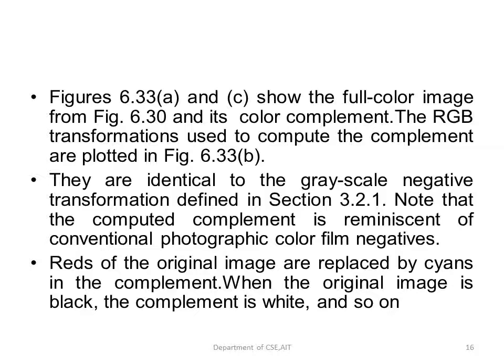They are identical to the grayscale negative transformations which were defined previously. Note the computed complement is similar to photographic color negatives. Reds of the original image are replaced by cyans in the complement, and when the original image is black, the complement is white.